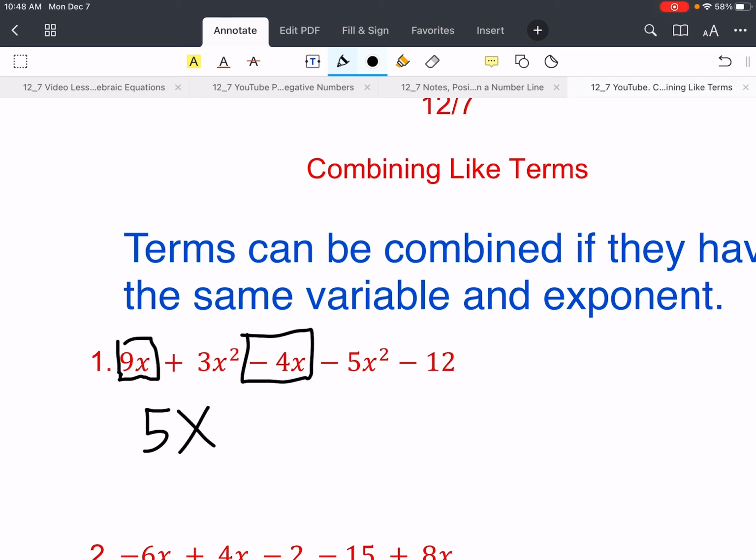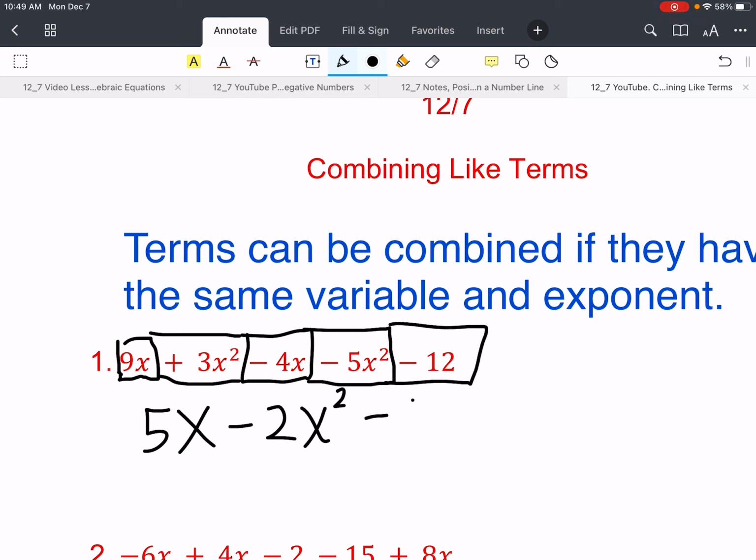Now I can box my 3x squared and a negative 5x squared, which is going to give me a negative 2x squared. And then my last thing to box is a minus 12. So the minus 12 goes there.